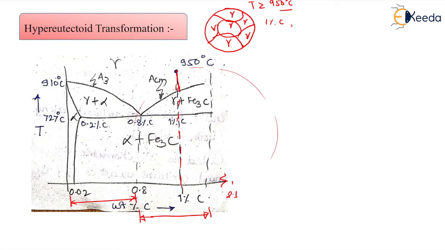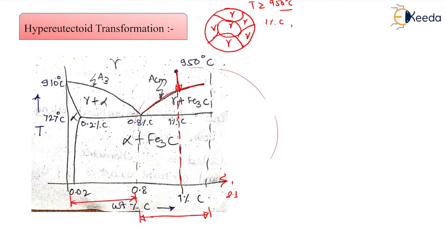If you now do the equilibrium cooling, it is going to hit this ACM line, where the last trace of cementite was there. Dear students, we have understood each and every line and its temperature, like A1, A0, ACM and A3.